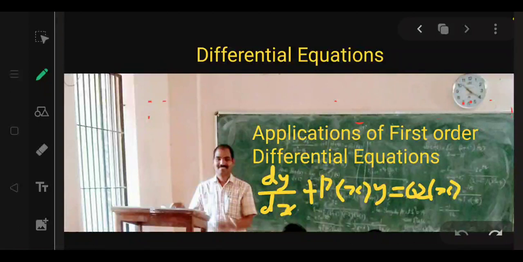Now this constant is called a parameter. When this parameter is assigned various values, we get a one parameter family of curves. Each of these curves is a particular solution or integral curve of the given differential equation.